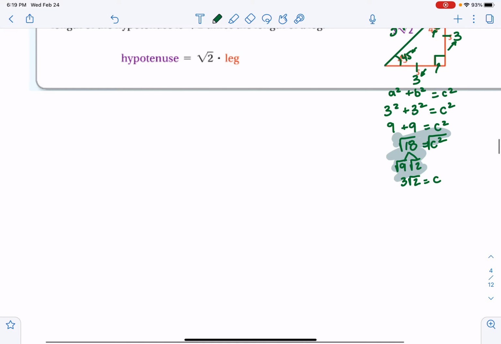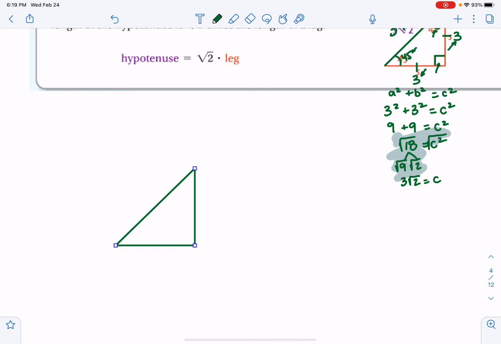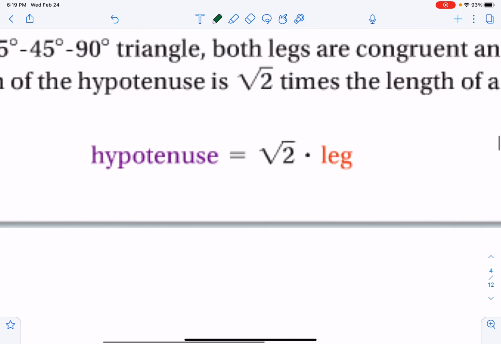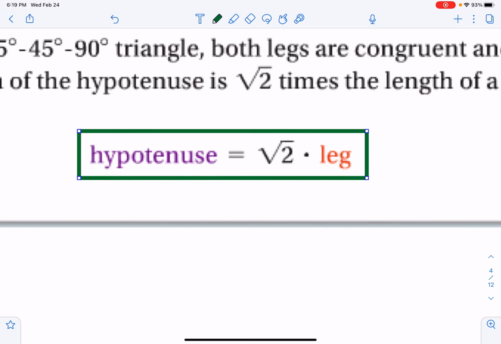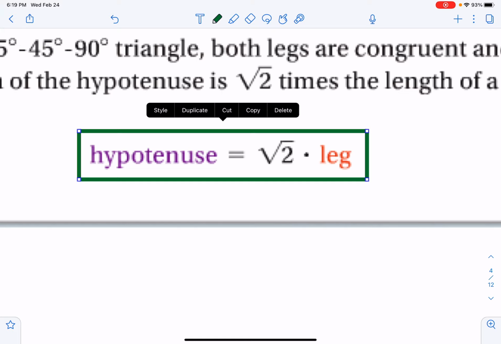So just a random one. If you have this isosceles triangle and this is 8 and so is this, this will just be 8 times the square root of 2. And then you don't have to do all of this. So here's our shortcut. The hypotenuse is the square root of 2 times one of the sides of the triangle, or the leg.